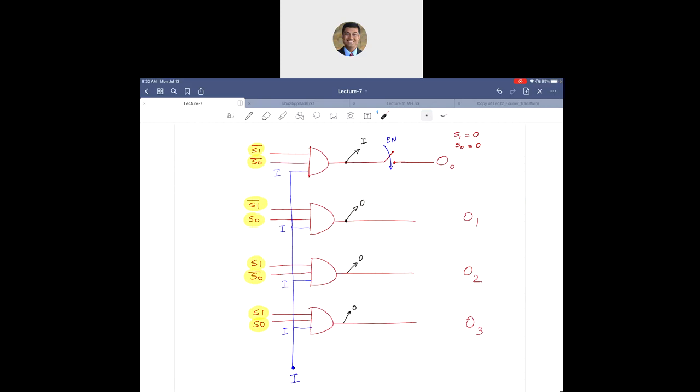Yes. So I would say I am going to make this enable depend on the select lines. So if the select lines were 0, 0, I would make this enable active, all the other enables inactive. So yes, the enables would depend on the select lines.